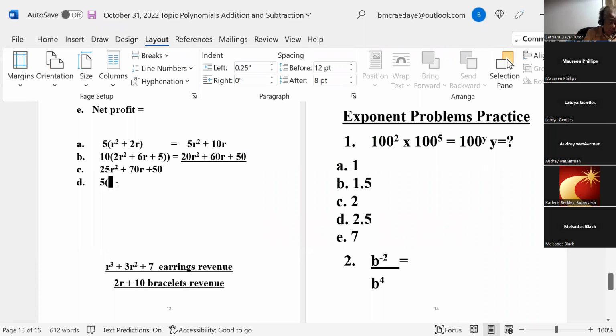Then multiply the 10 times the revenue for the bracelets, 2r plus 10.